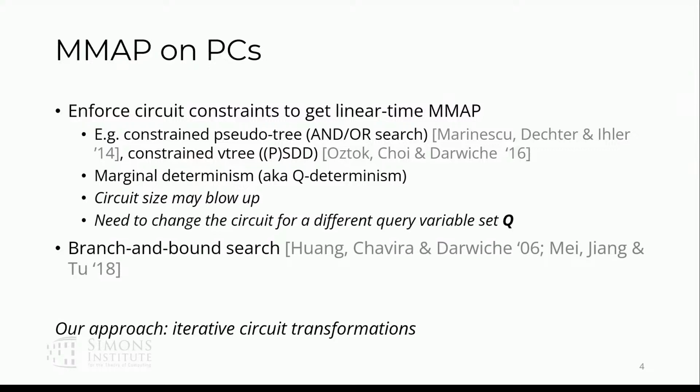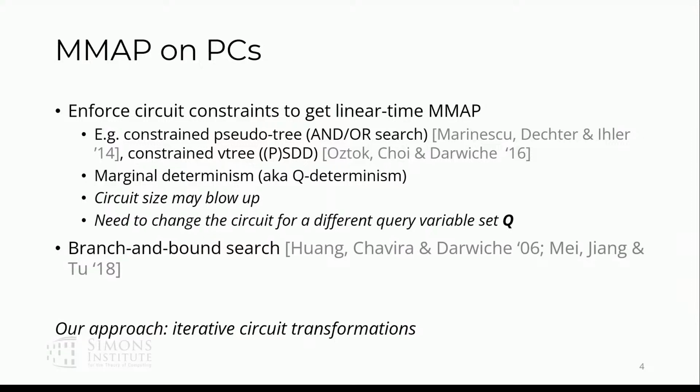This property also shows up for queries other than marginal map. The point is to enforce these constraints, because once you enforce them, you can compute this NP-hard query in linear time. But actually trying to do that is hard. Your circuit size might blow up, and you may end up with exponential size.